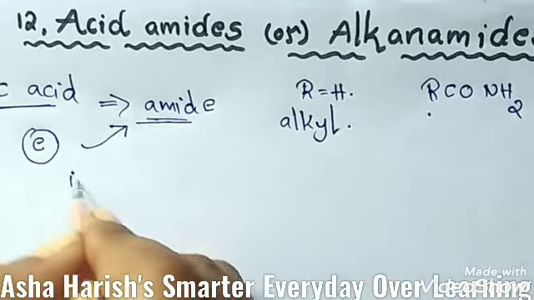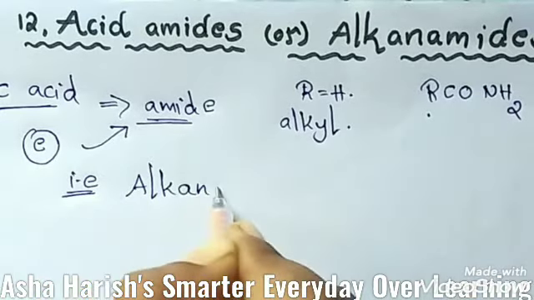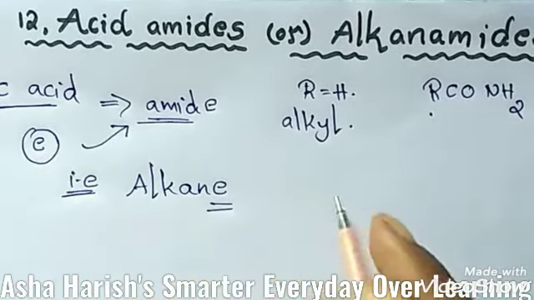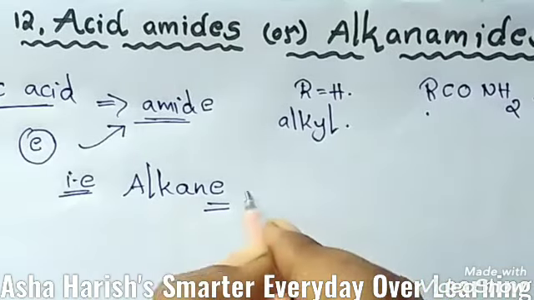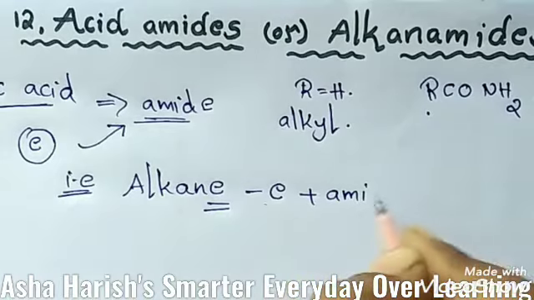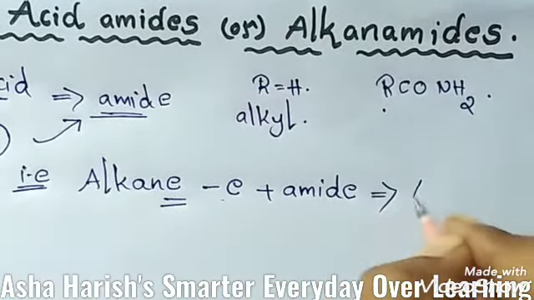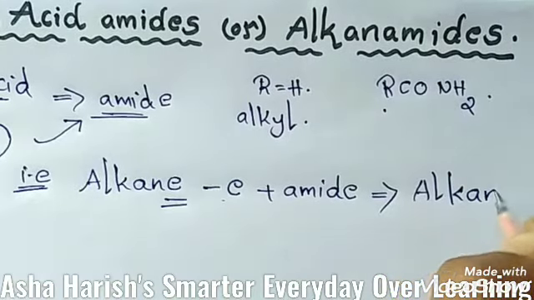Let's see how it will be. We take alkane, remove this e, minus e, and in place of e add amide. Then what you should get here is alkanamide.